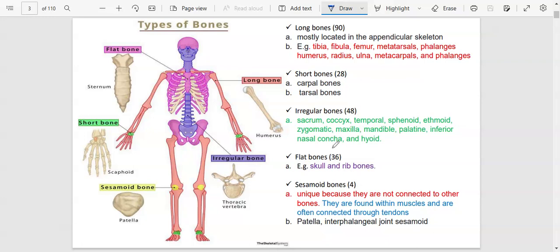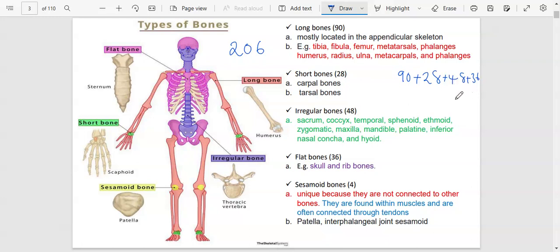The total number of bones in the human skeletal system is 206, and this is their division. If we do some simple math here, we just add what we have: 90 bones which are long, plus 28 which are short, plus 48 which are irregular, plus 36, and then plus 4.